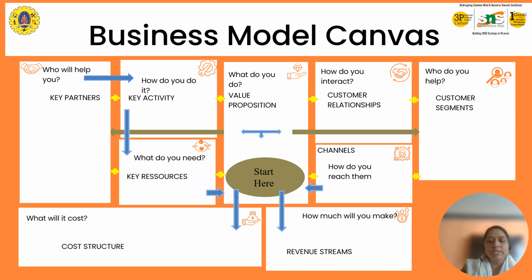Below this are channels, which describe how you reach your customers and deliver your value proposition. This could be any platform, like social media, websites, mobile apps, or direct sales. We have to find the right path for channel communication to reach our customers.